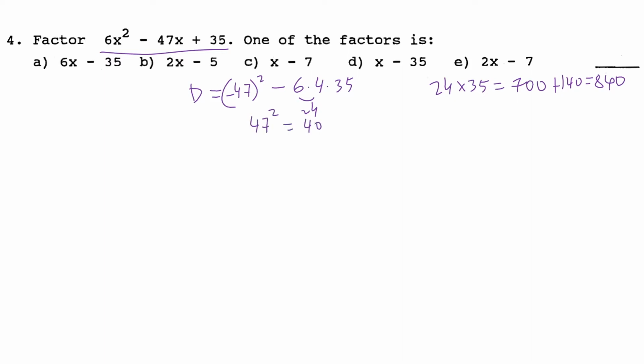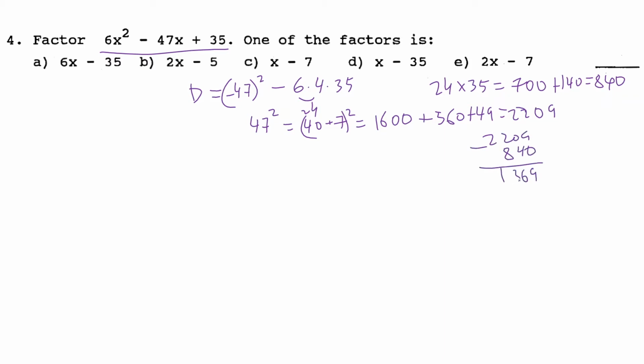So I got to use the trick right here. So 40 plus 7 squared is equal to 1600 plus 560 plus 49. So that's equal to 2209. And then 2209 minus 840. That's equal to 1369, right? All right, good. So this is 9, so chances are it's 7, and it's 30, so it's 37.